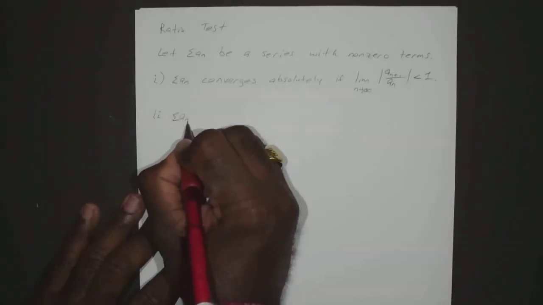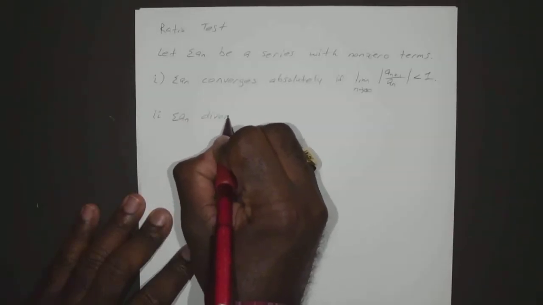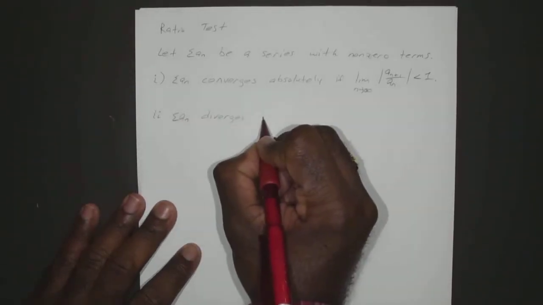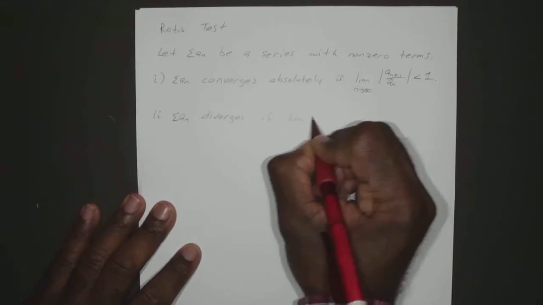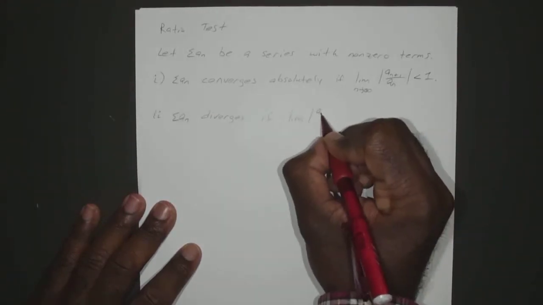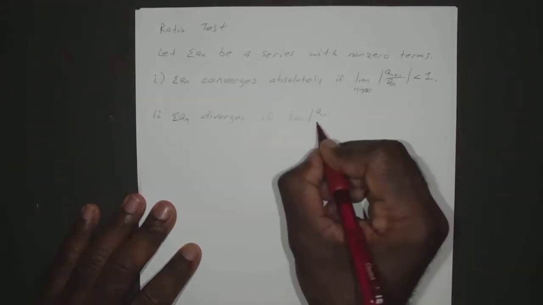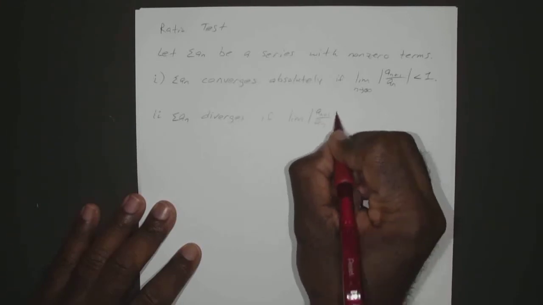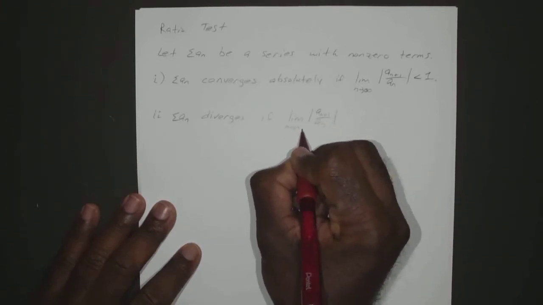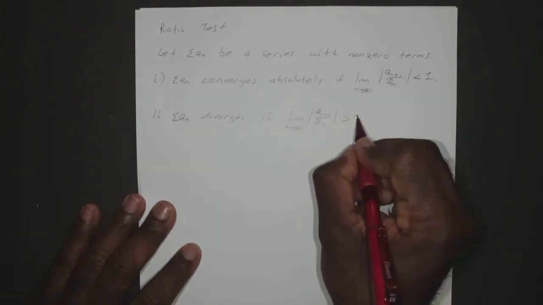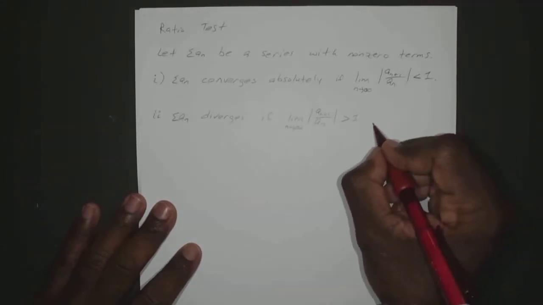Two, the series diverges if that limit of the absolute value of the ratio of a sub n plus 1 over a sub n is greater than 1 or equals infinity.